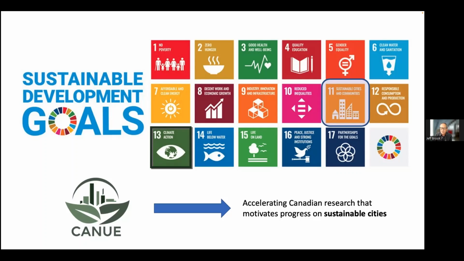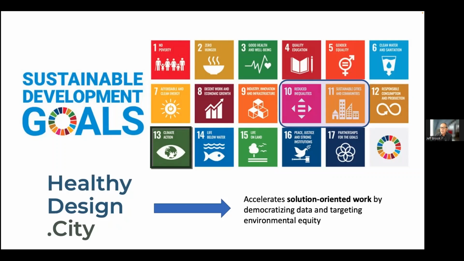But in the next slide, as we think about HealthyDesign.City, we're clearly now bridging across the goal 11 and goal 10 around reducing inequities. Now, obviously, in the context of climate change, inequity happens at every scale. We can think about Canada and our position in the world and our relative wealth compared to other countries in the world, and the inequities that occur on that scale.